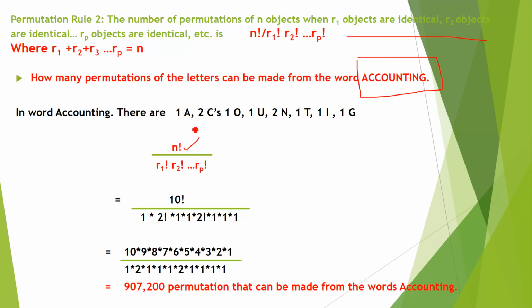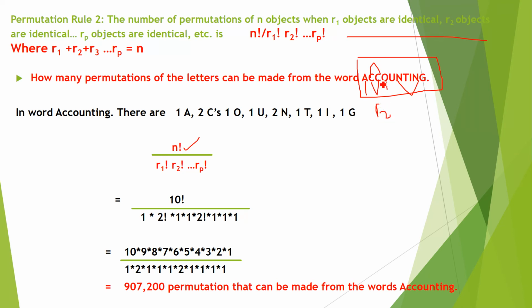In the denominator you have to see how many times each letter is there. A is there only one time, c 2 times, o 1 time, and n 2 times. So I will write down r1 factorial, r2 individually. This is r1, r2, r3, r4, each letter, right? If c is 2 times, we will say this is r2.